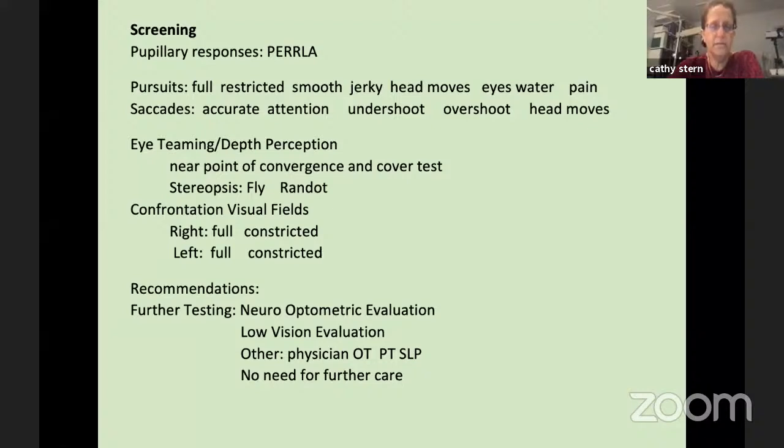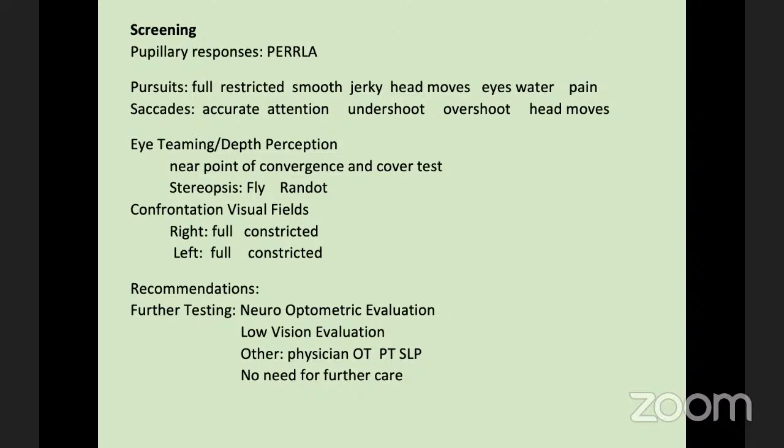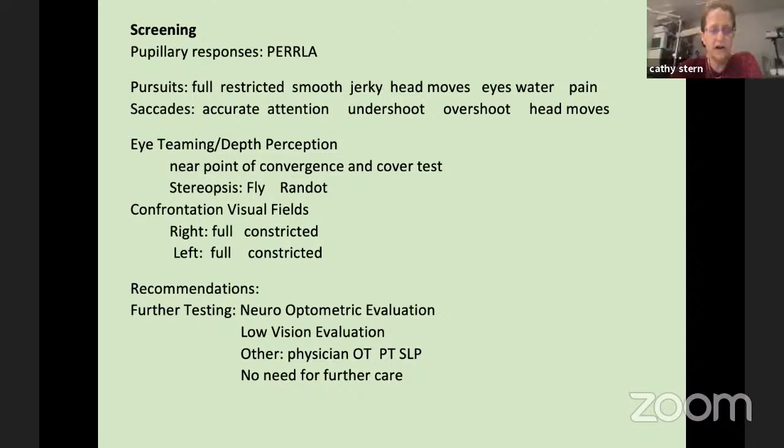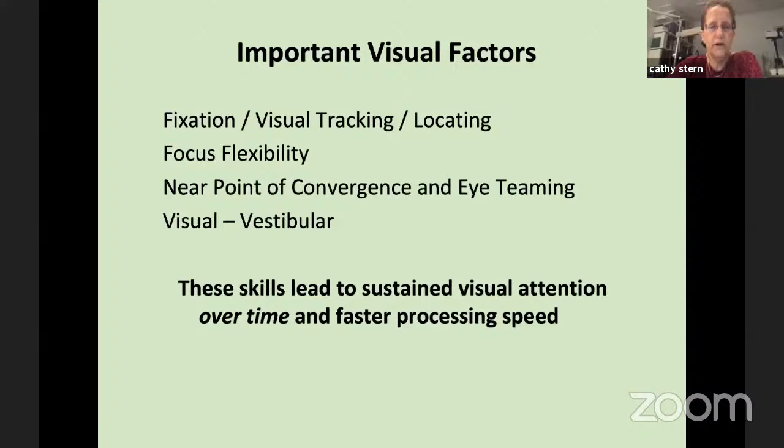And then it's mainly to be able to say, look, we need to refer this patient either for the Neuro-Optometric piece, low vision. Do they need to see some other type of physician or therapist, or are things now pretty good? We know these are the important factors: the fixation, the tracking, the locating. I think when we talk about oculomotor, we need just as much to talk about fixation as we do pursuits and saccades.